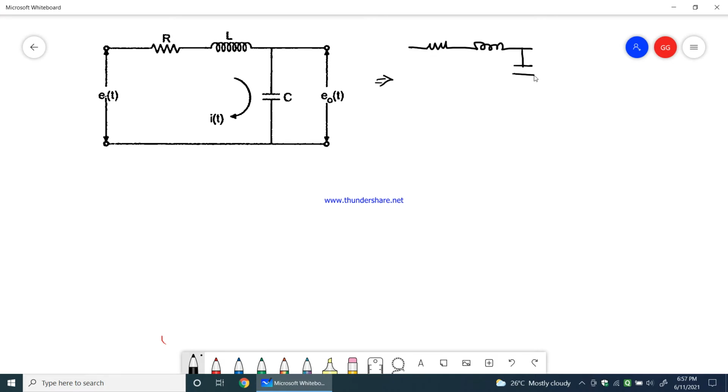We have a resistance, an inductor, and a capacitor. In the Laplace equivalent circuit, R remains as R, L will now become L into S, and C will become 1 over Cs. Now this would be E in of S, and this would be E out of S.